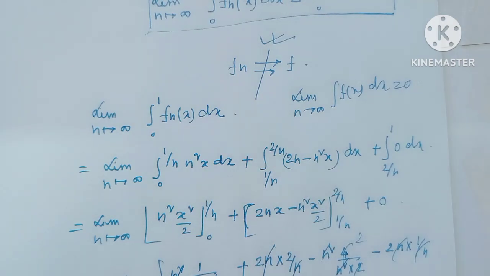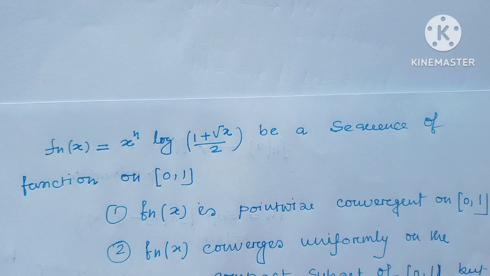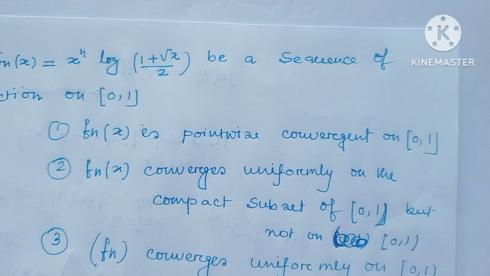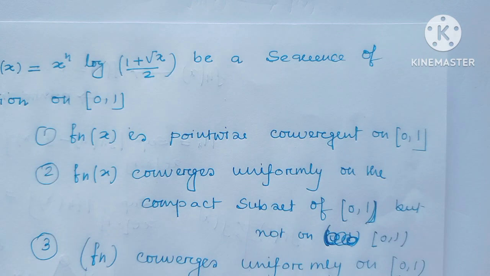Next example, next question. fn(x) equals x to the power n log((1 + √x)/2) be a sequence of functions on the closed interval [0, 1]. Option 1, fn(x) is pointwise convergent on [0, 1].